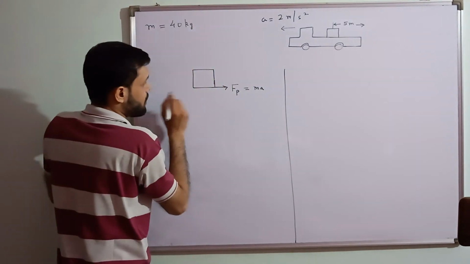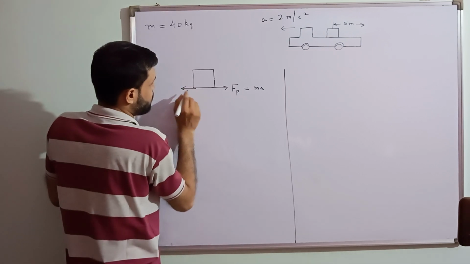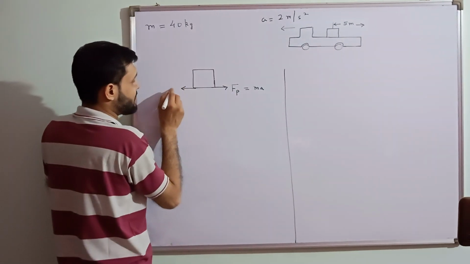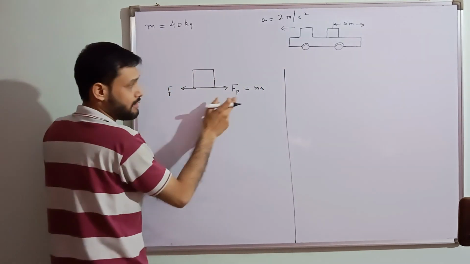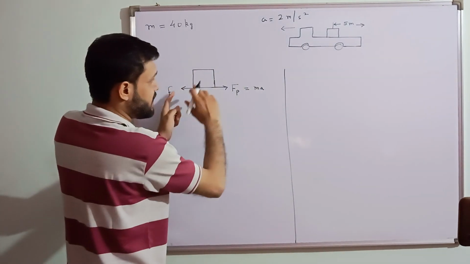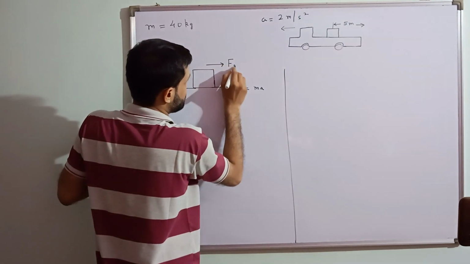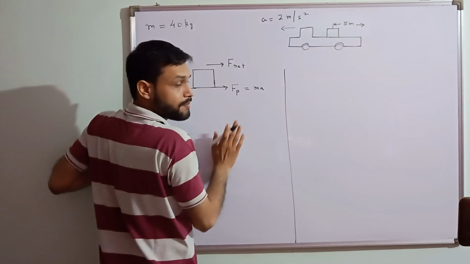Is it okay? Now what will happen at the same time? Because the force is acting, it will try to move, but the friction will act in this direction. Friction will try to stop. So what will be the net force in this direction? This will be the net force, F net, isn't it?